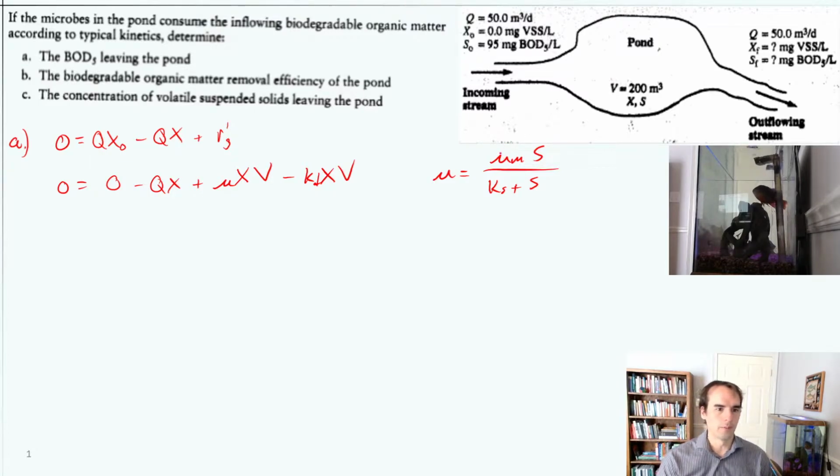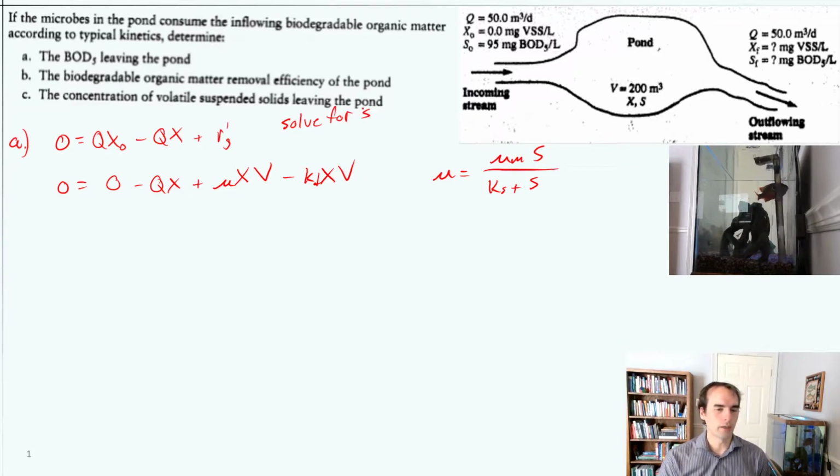Mu max is the maximum growth speed. So then we can insert these parameters into the mu here so that we can get the mu in terms of S. That gives us a way to manipulate or understand something about the substrate, because what we're trying to do is solve for S.